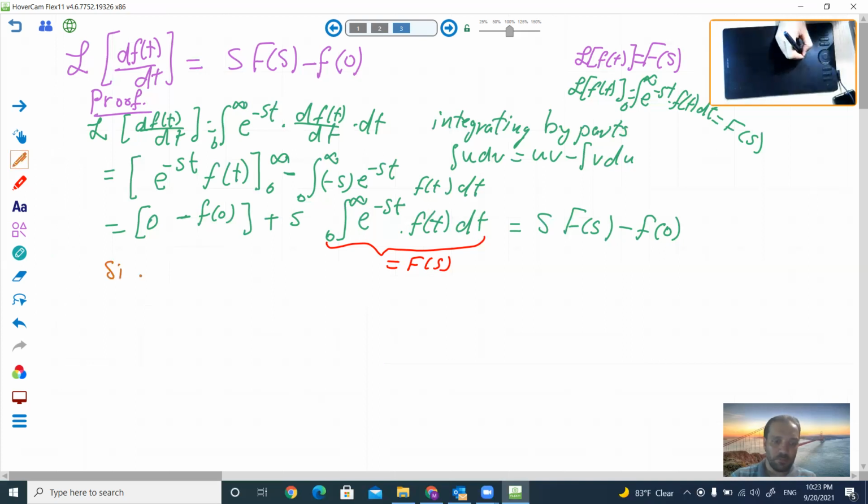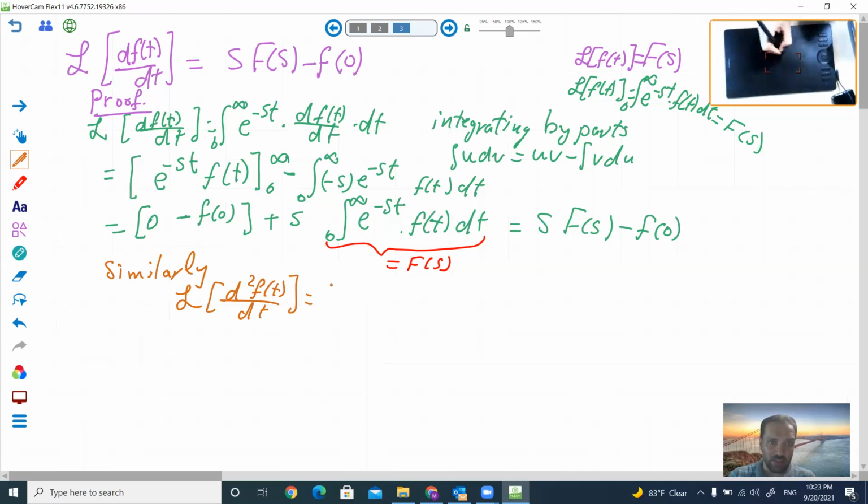Similarly, the Laplace transform of the second derivative of f of t by dt, we can write it like that: the Laplace transform of d by dt of df of t by dt. So this is the second derivative.